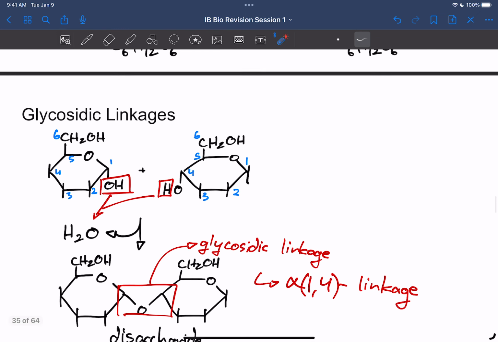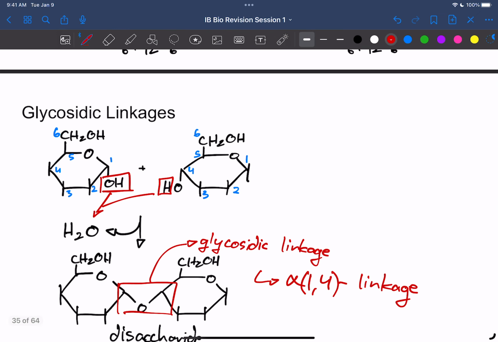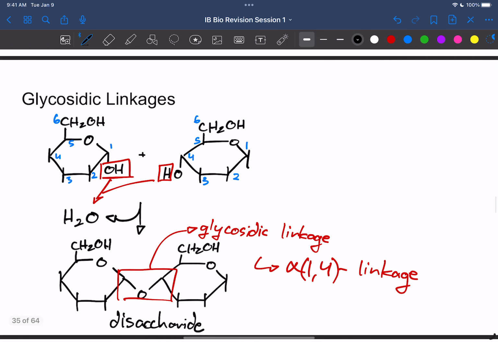Now you can have more than one type of linkage as well. I'll just label this because this is a condensation. Another type of linkage you can have is a beta linkage.